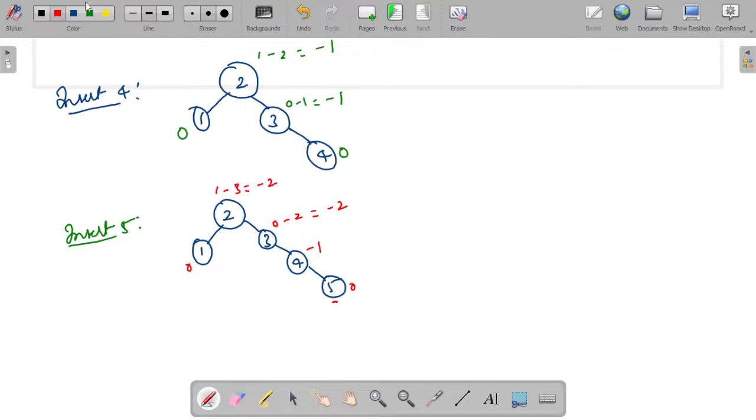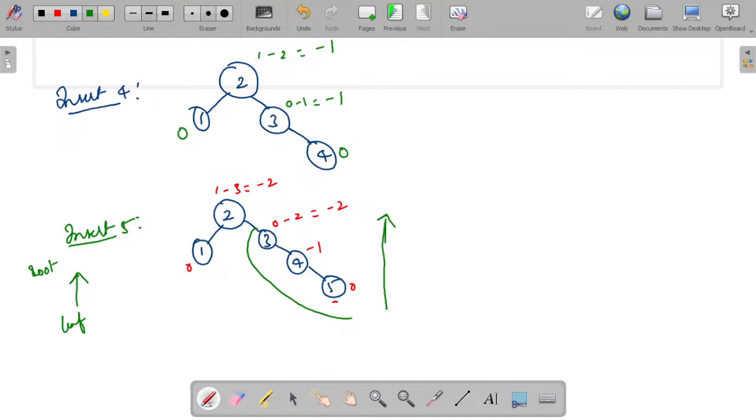So now even though two different nodes have affected balance factors, we should always go upwards, right? We should always go from leaf nodes to the root node. So if you go from bottom to top, the first affected node is this.